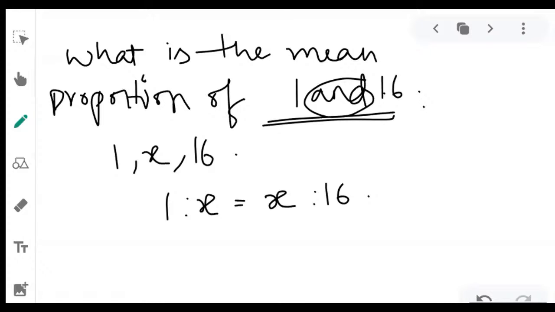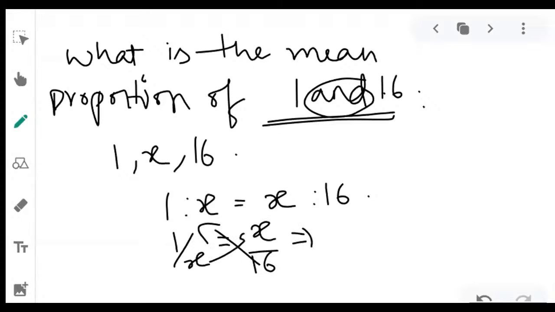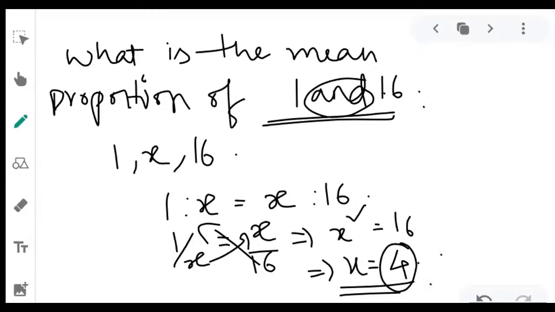What is the value of x then? 4. Right? So 4 is the mean proportion of 1 and 16. These are the few different ways in which proportion problems can be phrased. So you'll see all these kinds of questions in your exercises and in your exam also. All right. I'm assuming that you're taking your notes. Yes, ma'am.